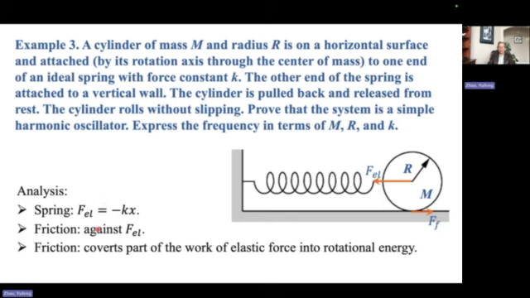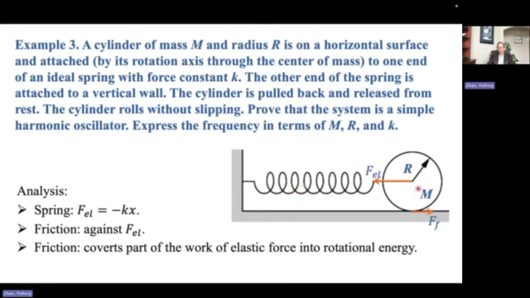So that means the friction must go against this elastic force, because the elastic force is the driving force for the translation motion. Friction must go against that elastic force and cause the rotation of the cylinder. So friction converts part of the work of the elastic force into rotational energy. Without friction, the cylinder will not rotate, it will just have translational motion.